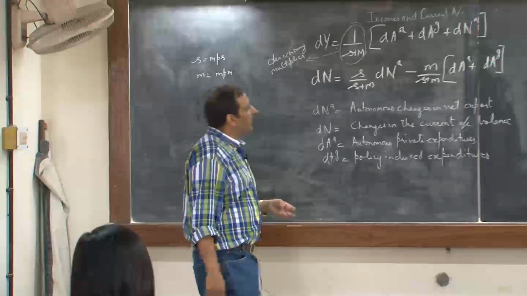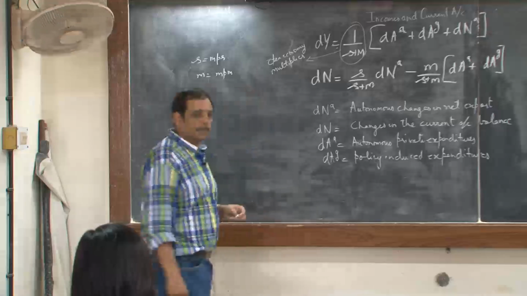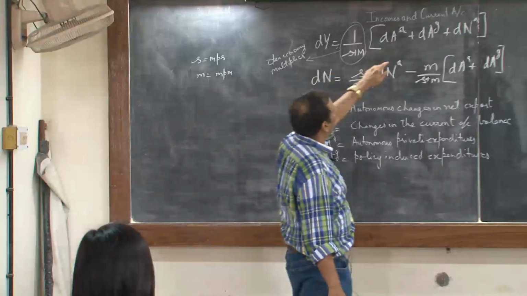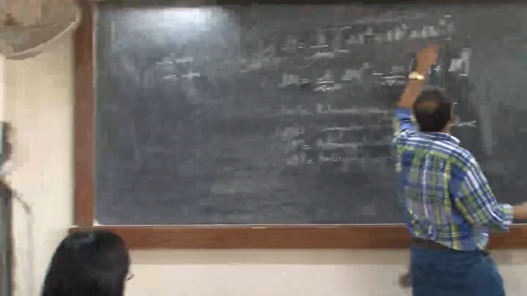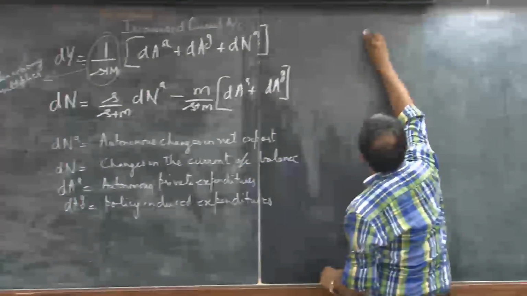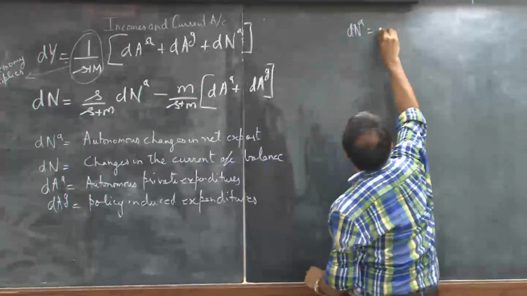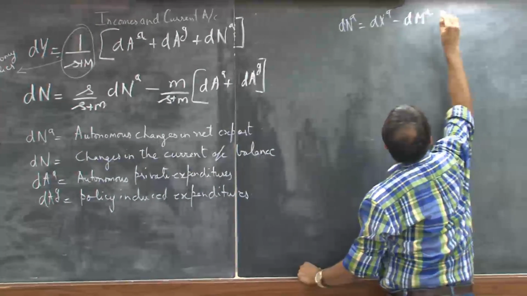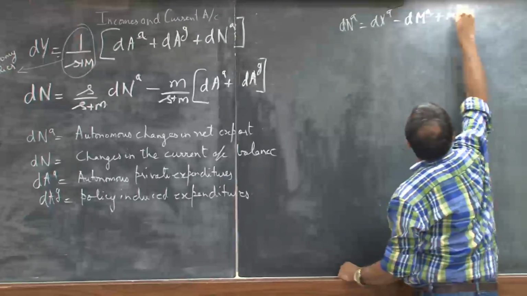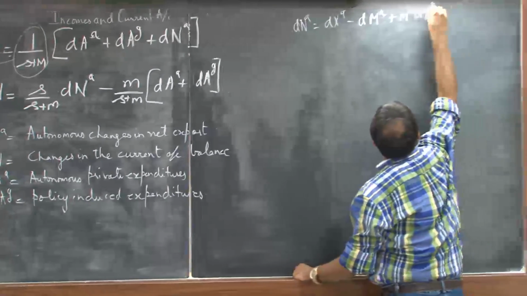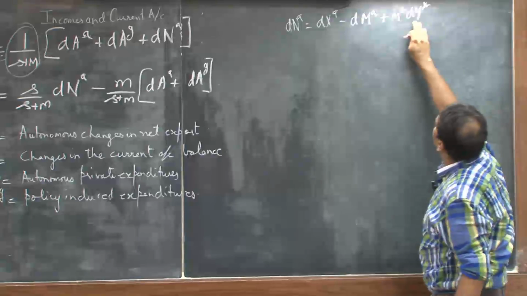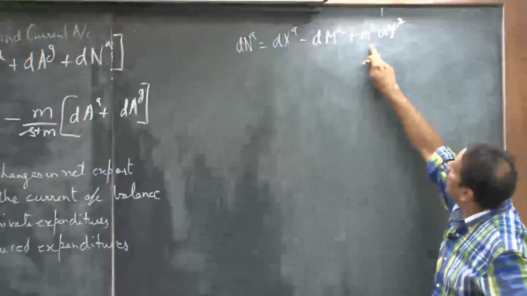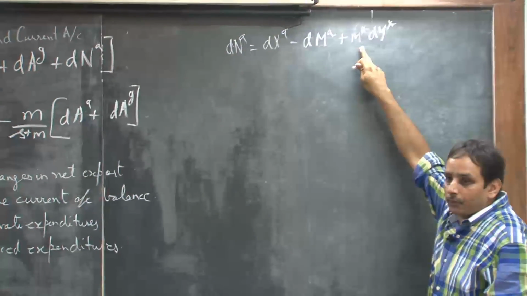So, if you have to bring in the interdependent model, you need to have some changes in this term dNA. dNA earlier was dxa minus dma plus m star dy star, where you had assumed that the incomes of the foreign country are constant and m star is the marginal propensity to import.